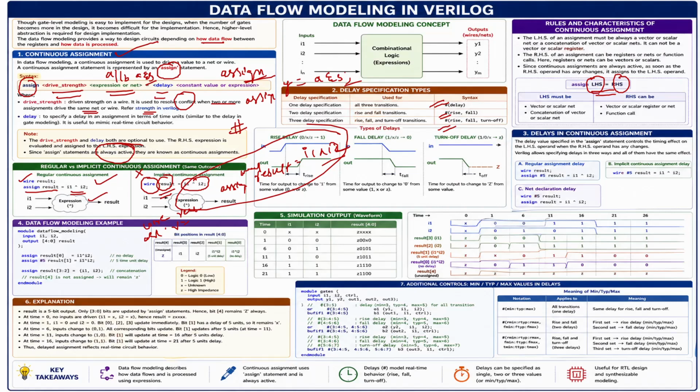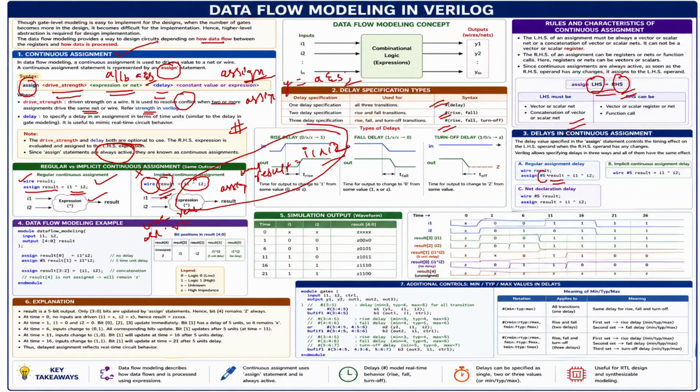On the RHS side, we are using net type variables only. And on the LHS side, we are using registers or variables, net type variables, register type variables, scalar type nets, and sometimes vector type nets too. So the result is y, that should be assigned here.